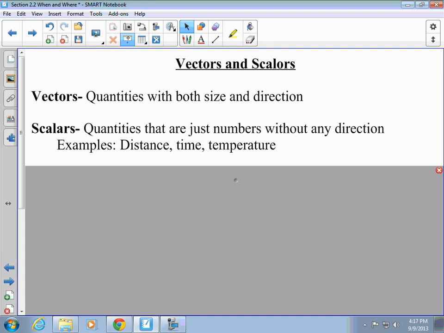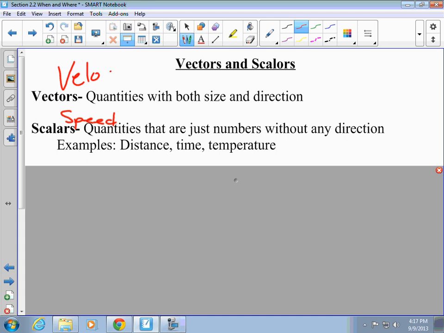One thing I want to point out, since we're starting to talk about velocity and speed: speed is a scalar. Speed does not tell you any direction. Velocity is going to tell you direction. If I say I'm traveling 55 miles per hour, that is a scalar.